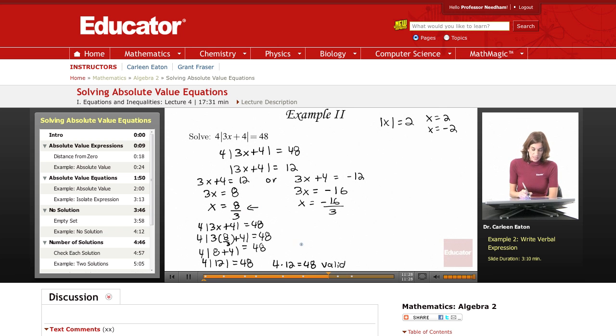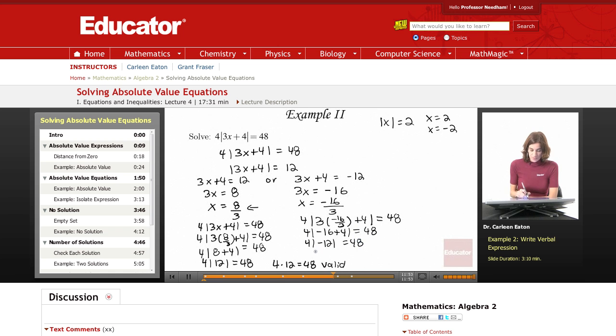Now, substituting in negative 16/3 into the original. That's 4 times the absolute value of 3 times negative 16/3 plus 4 equals 48. The 3's cancel out, giving me negative 16 plus 4, which is negative 12.